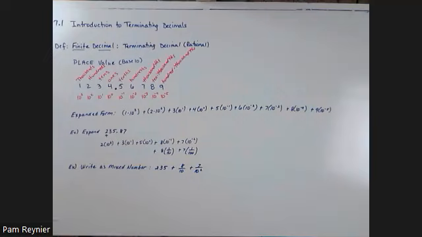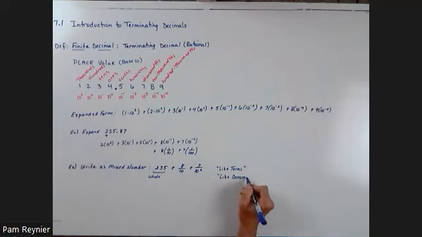Well, we know in order to combine like terms, we already have our whole number part. That's done. So this part's finished. But in order to add these two fractions, we have to have like denominators.